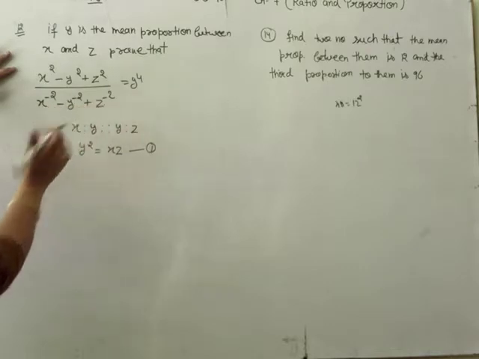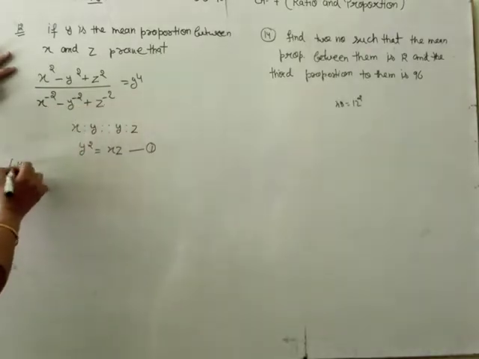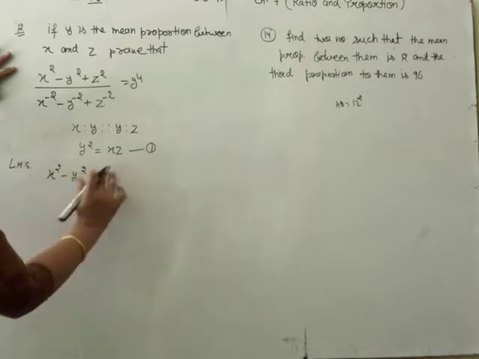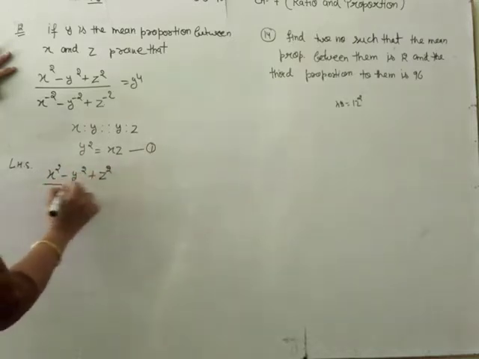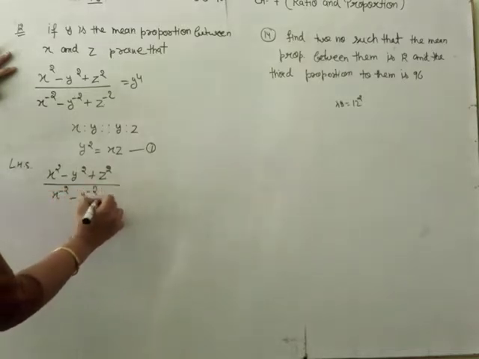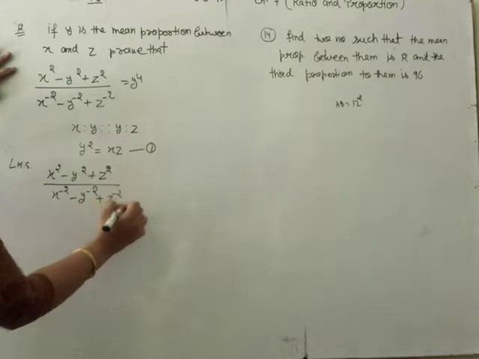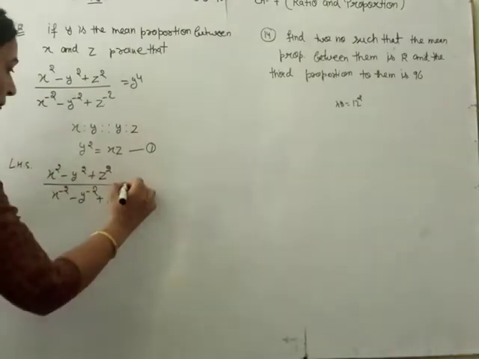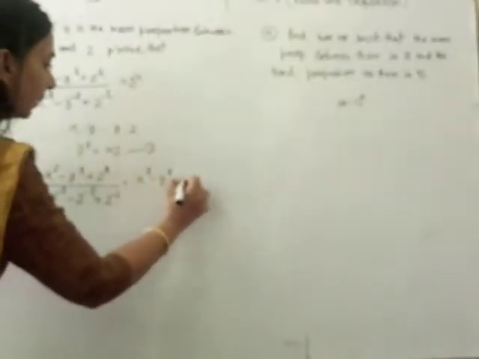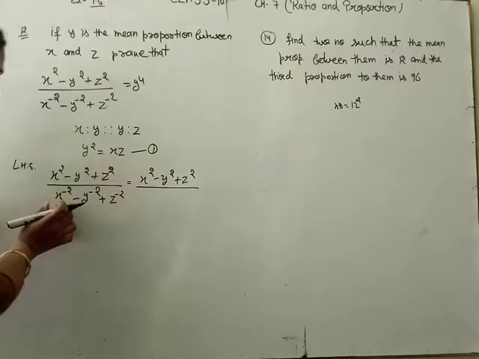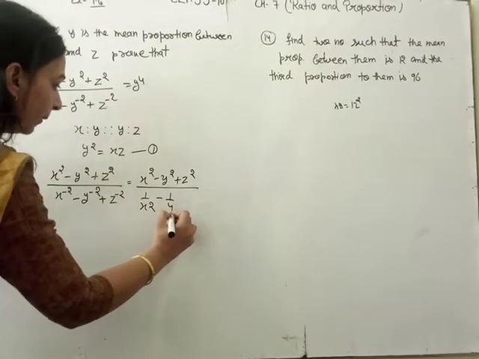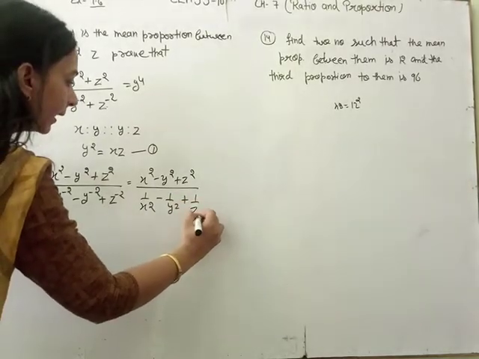Then we take the left hand side: x² minus y² plus z² divided by x to the power minus 2, y minus 2 and plus z minus 2. Okay, and this equal to numerator as it is x² minus y² plus z² divided by, we write this 1 by x² and minus 1 by y² plus 1 by z².